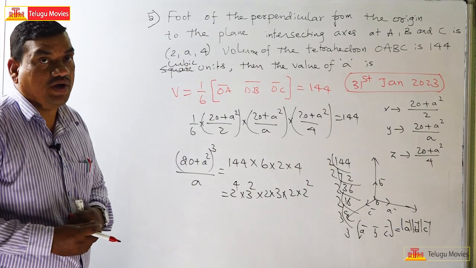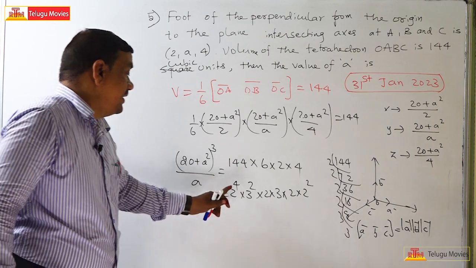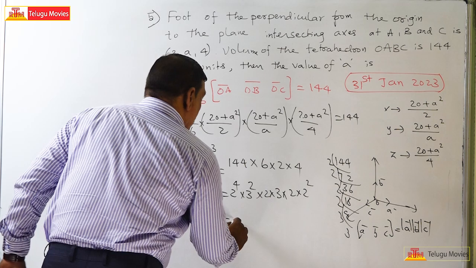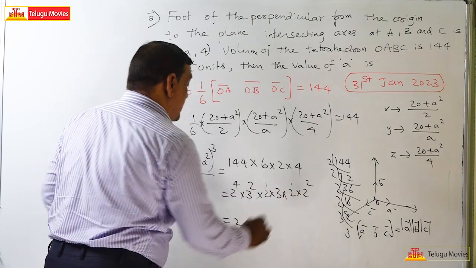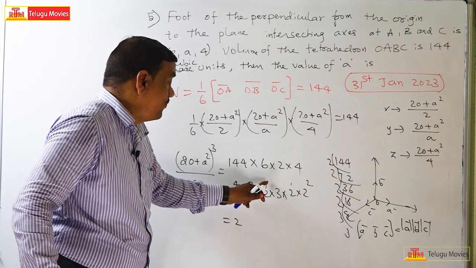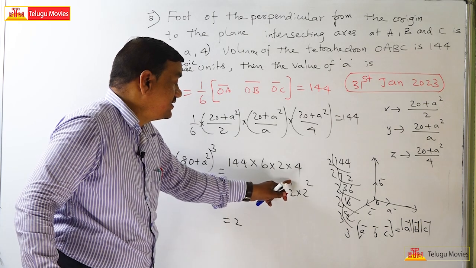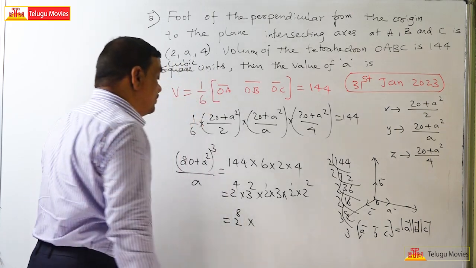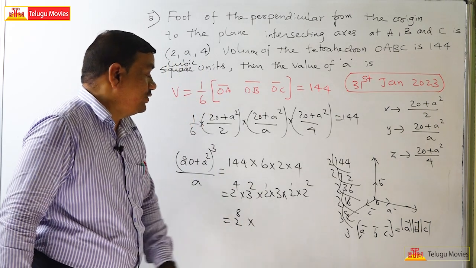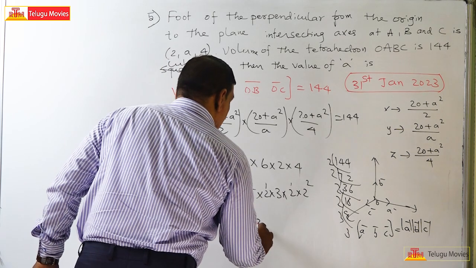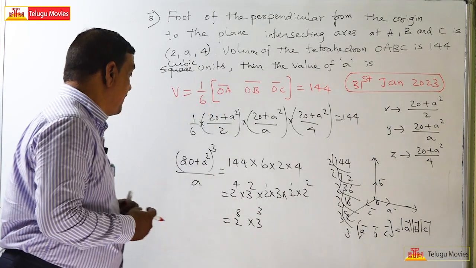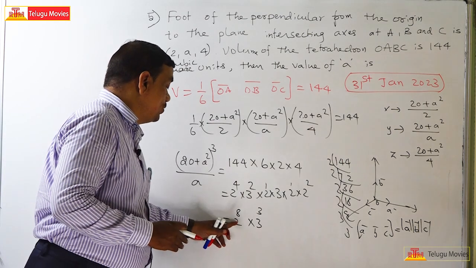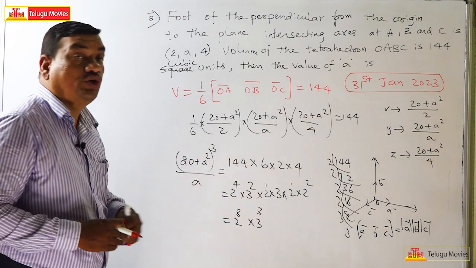Here 2 how many are there? So this is equal to 2 to the power of 8 into 3 square into 3, so 3 cube is there. Now 2 power 8 into 3 cube, we have to get a whole cube.